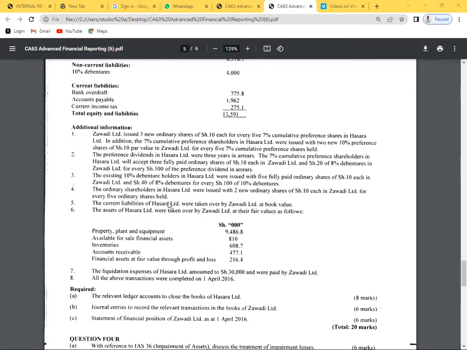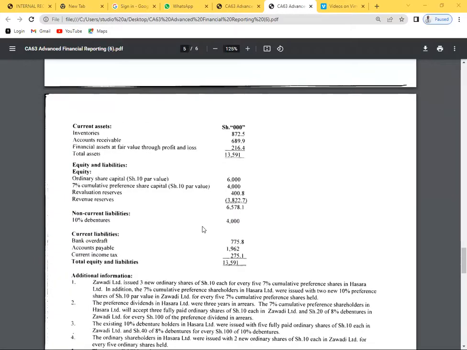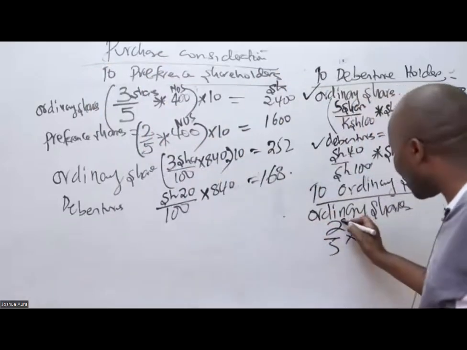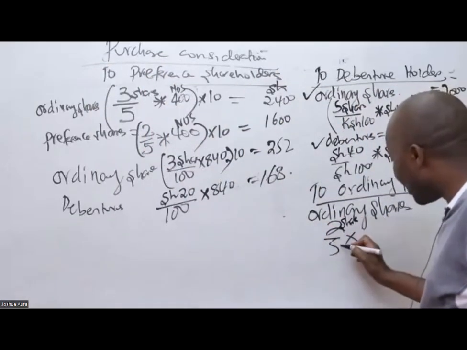Then I'll ask myself, how many ordinary shares are outstanding? I'll go back to my shares. The number of ordinary shares is 6,000 divided by 10, which is 600 shares.